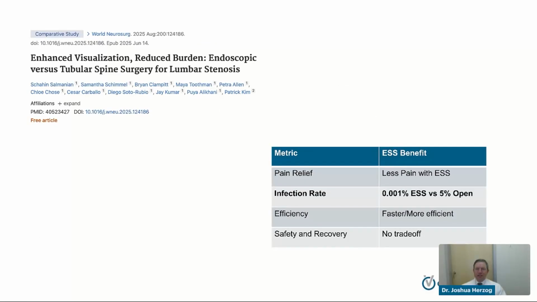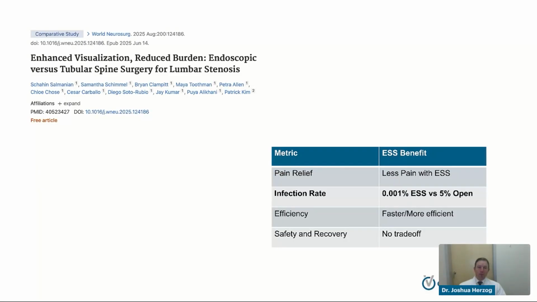So we know that the beauty of the endoscopic spine is that you can imagine, where I normally have to look down or make a larger incision to see a smaller area. With the endoscopic spine, I can put a very slim tube into an area and then have a camera down inside that tube, and I can see that area of the anatomy blown up on a big screen in 4K or 5K vision, where I can just see the details of the anatomy and work around it.